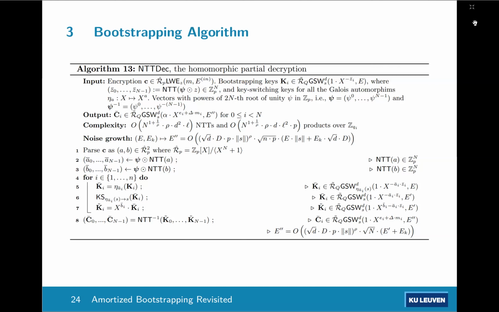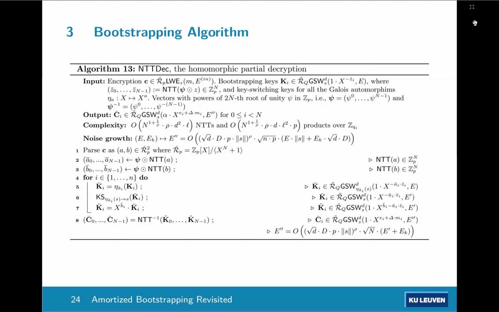And then because b is a known public element, it's very easy for us to just compute x to the b_i times this ciphertext here to obtain the ciphertext x to the b_i minus a_i times s.